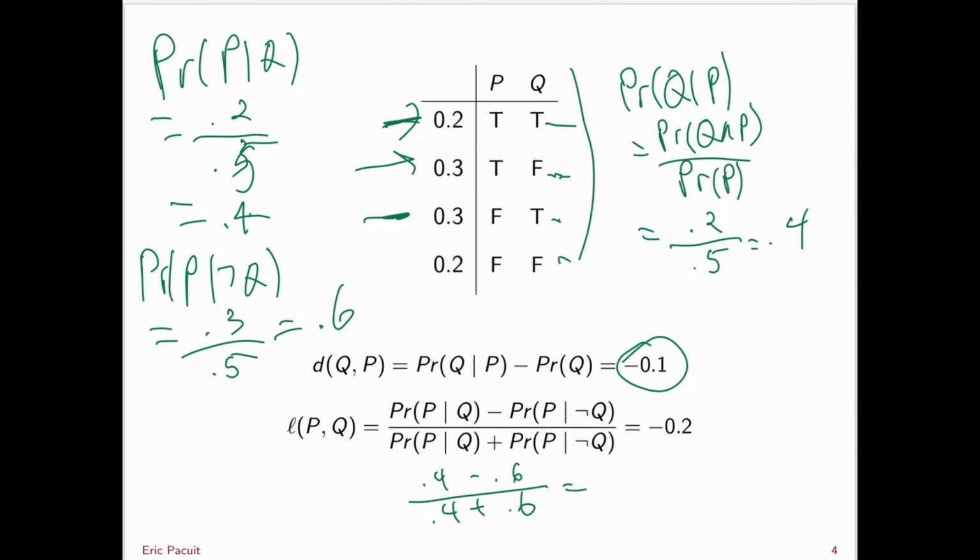So that is equal to negative 0.2. So we see that while both of them agree that P is negatively relevant to Q, they assign different values. So it looks like P is more negatively relevant to Q than it is than D of P comma Q. So this is an example of how to calculate what these two measures are.